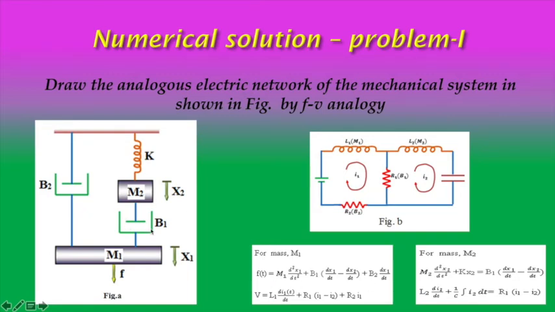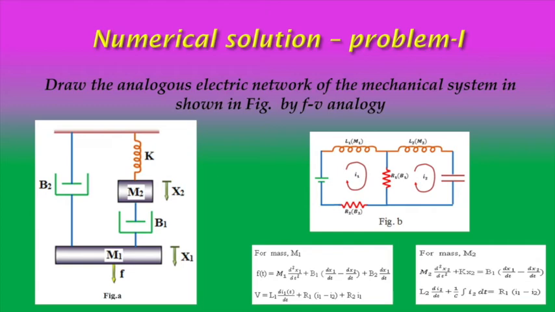First draw the free body diagram, then write down the equation. I have already discussed this in the previous lecture. For mass 2, write down this equation. There are two masses, M1 and M2, and all points on a mass are considered the same junction.